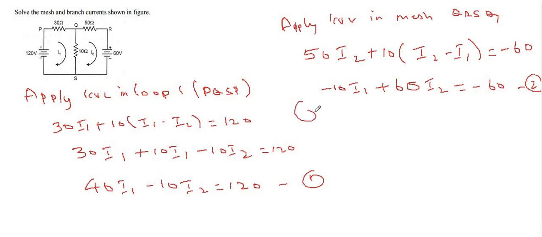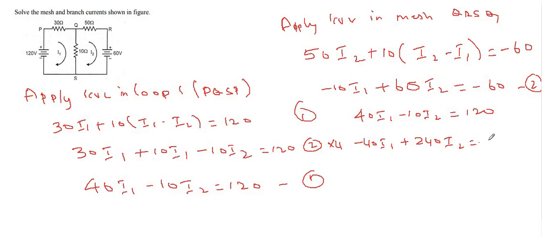So equation 1 is 40 I1 minus 10 I2 is equal to 120. This equation 2 multiplied by 4 is minus 40 I1 plus 240 I2 is equal to minus 240.